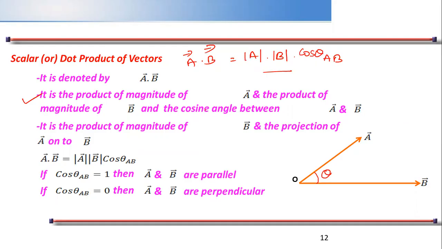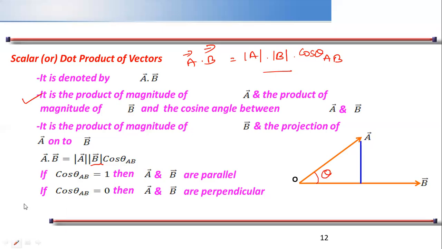And I told you one more thing. It is the scalar projection of A on B. So it is the magnitude of B times the projection of A onto B. If this is a right triangle, and this is A, then the cos component is the adjacent component.